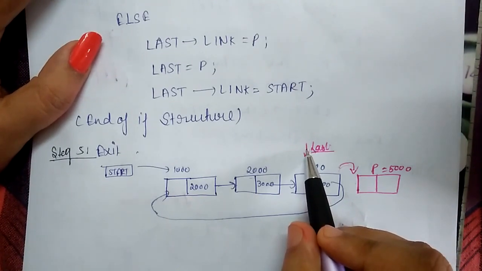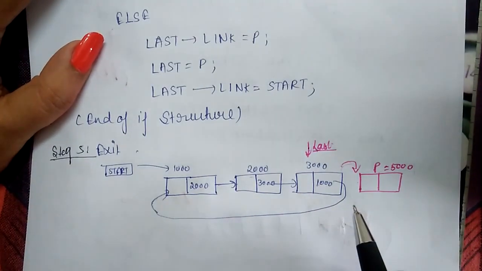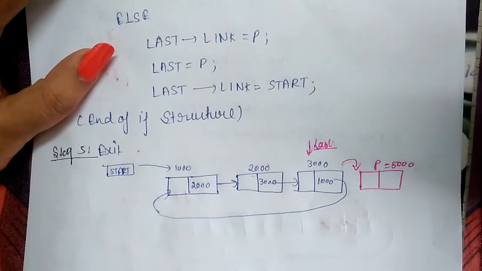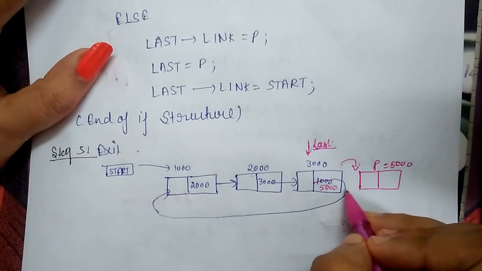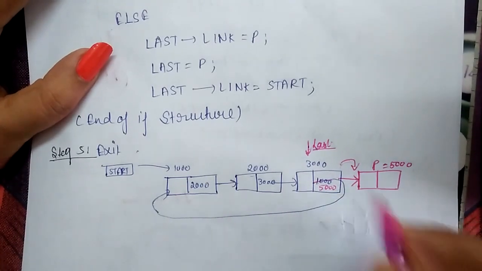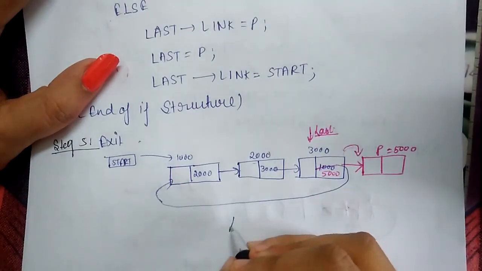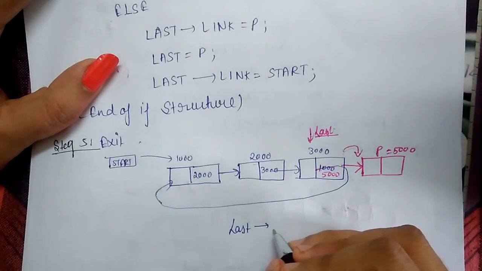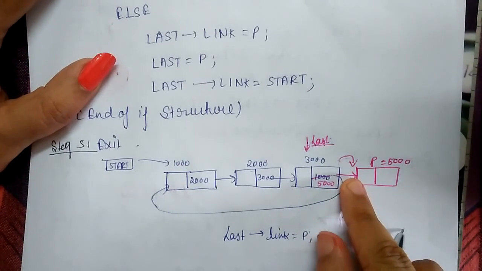If we make changes in the last link, the P node will be connected in our linked list. Instead of 1000 it should contain address 5000, so this will make a link like this and P will be connected. So what have I modified? In the last link I have assigned the address of P.